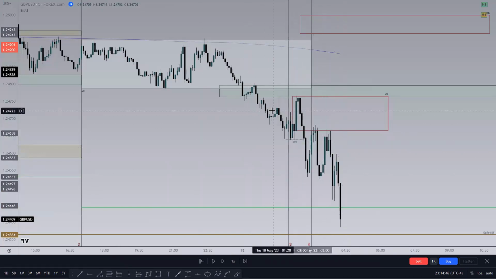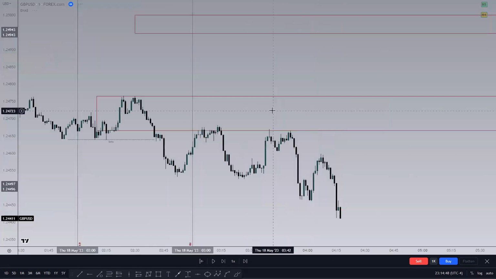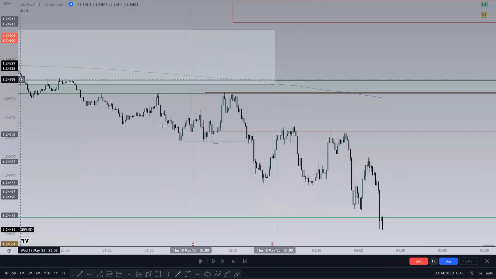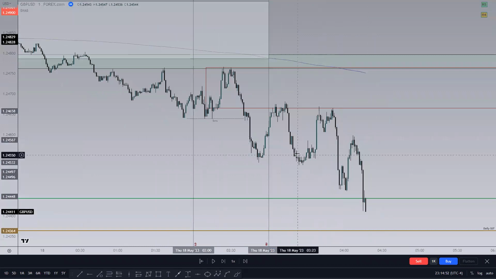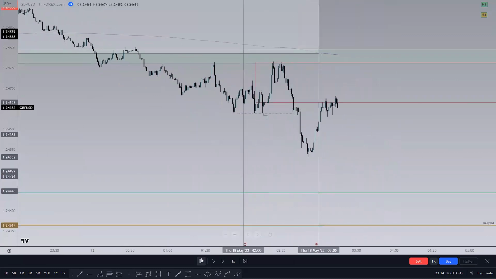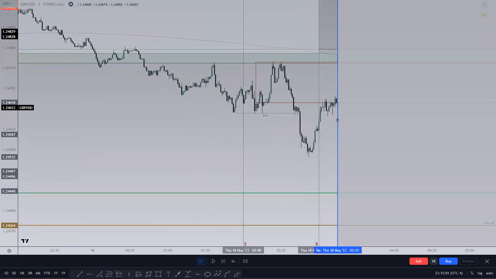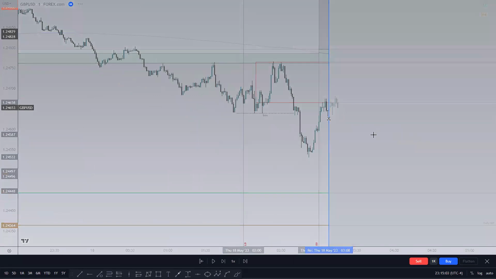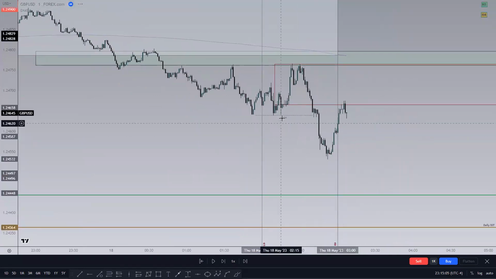So what one could have done as well is, let's say you wanted to trade in line with the bias on the H1 and the H4 time frame. You could have evaluated this as, well, this looks to me like a break of market structure right here. So price in London Open would have come up to retest that bearish order block.